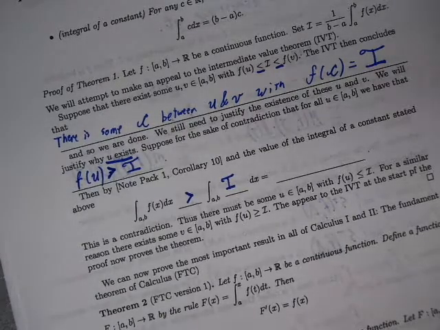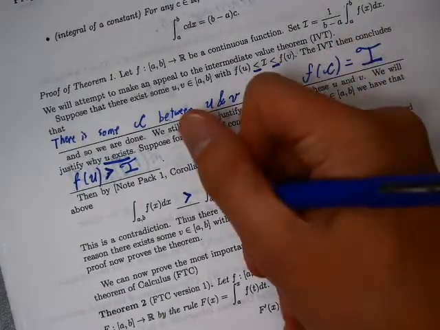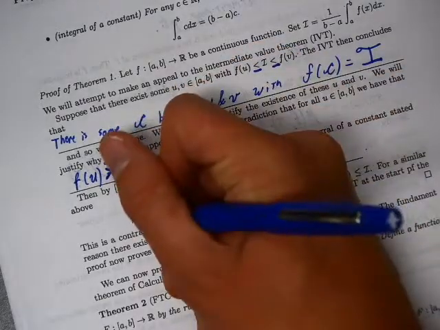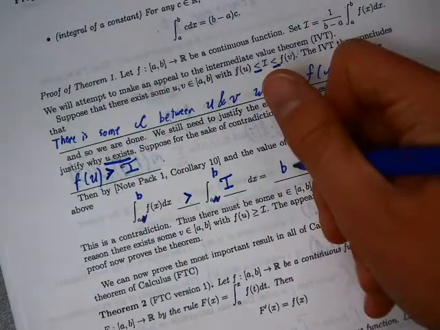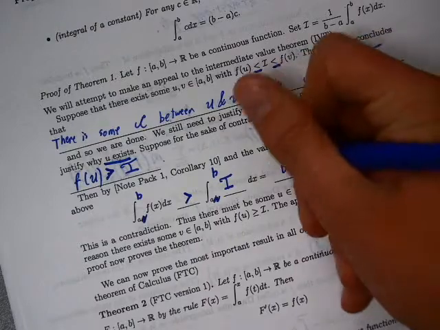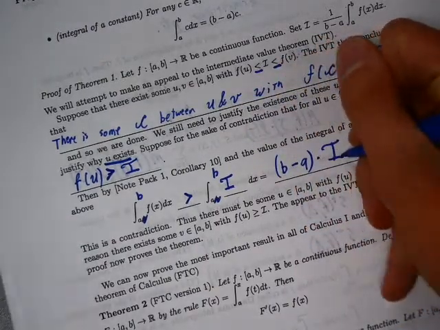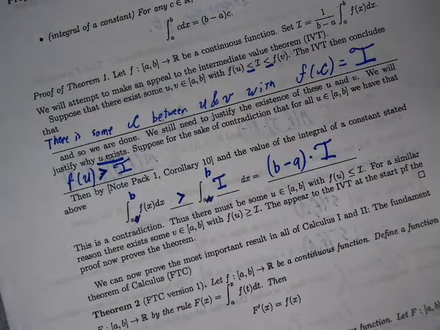But the integral of I from A to B is exactly B minus A times I. But look at the definition of I. What is B minus A times I? It's the integral from A to B of f of x.